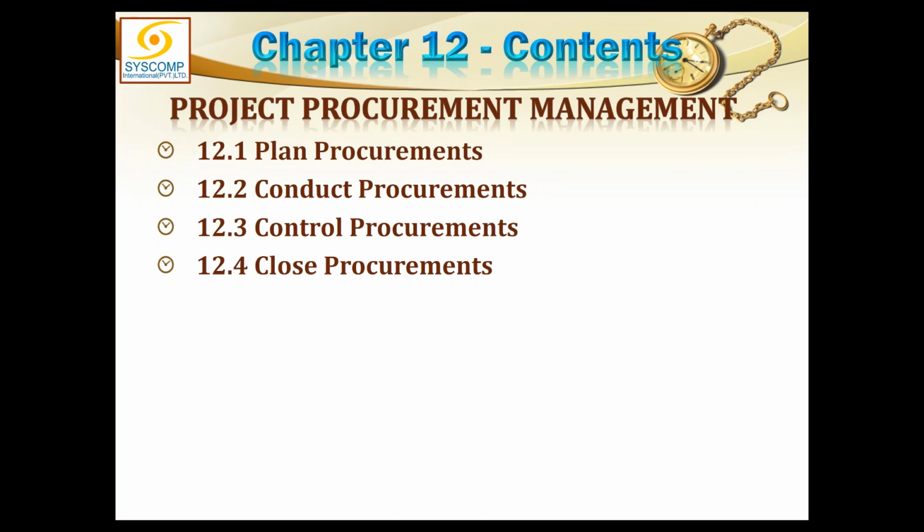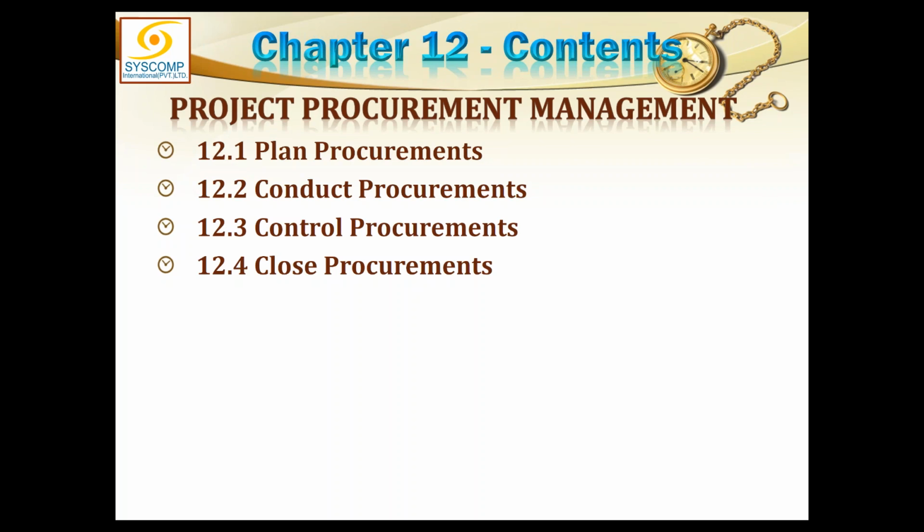So such changes are also communicated to the respective contractor, as if there is a need to make any amendments to the contract, any renegotiations have to take place, that can be done, and this all happens in controlled procurements. So by the end of controlled procurements, the work on all such outsourced portions of the work must complete during monitoring and control, and their deliverables accepted and their work checked.